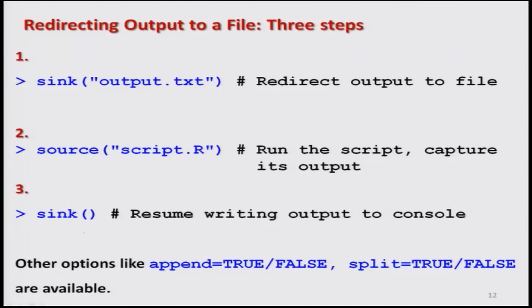In order to do it, there are 3 steps that we have to follow. First of all, I have to use the function sink, and inside the double quotes I have to write down the name of the file in which we would like to store or redirect the outcome of a program.